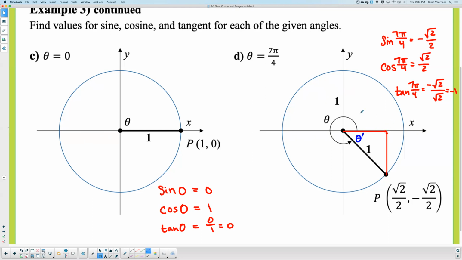It's square root of 2 over 2 units. The hypotenuse of this triangle is 1 because it's the same thing as the radius. This length would be negative square root of 2 over 2 because you're going down. So sine is y, cos is x, tangent is y over x.